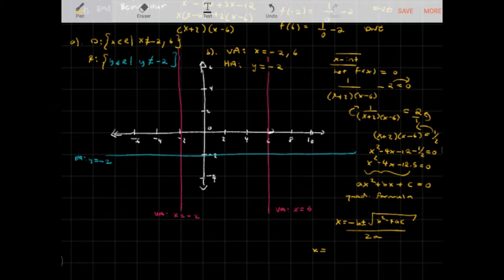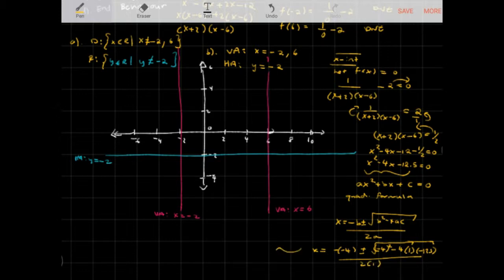I'm just going to plug these values in and solve openly. I'm pretty sure all of you know how to do this, right? So you have negative 4 plus minus the square root of negative 4 squared, minus 4 times 1 times, so a is 1, and c here is negative 12.5. And this is over 2 times 1.